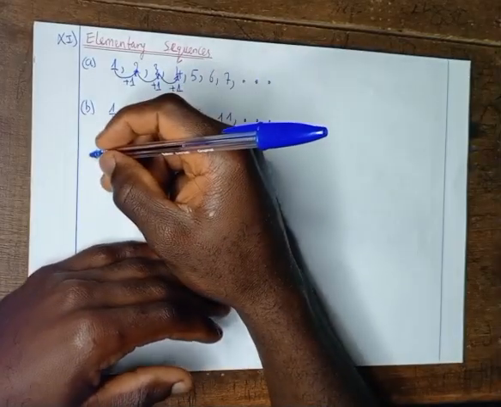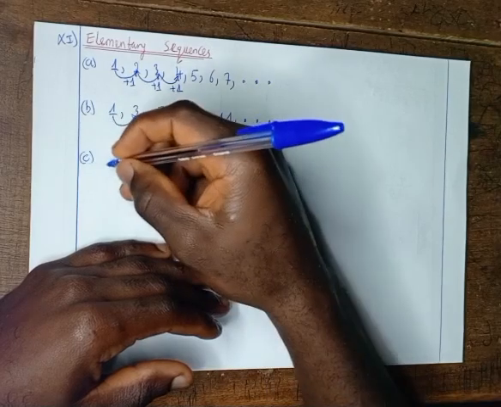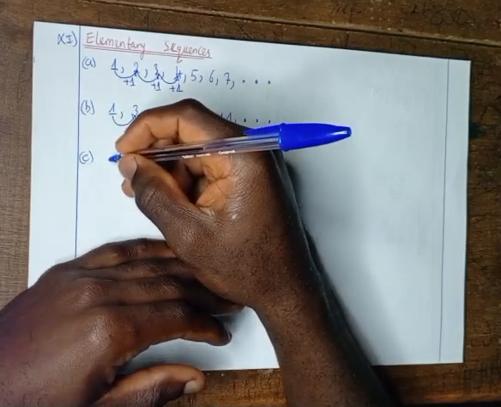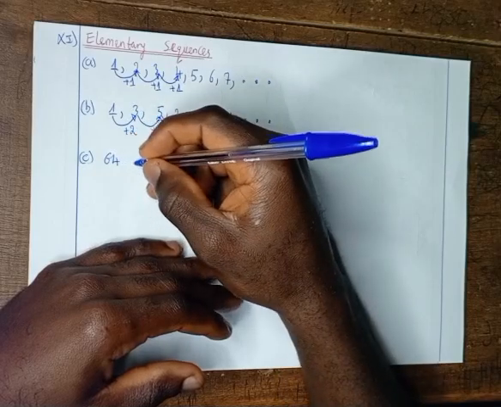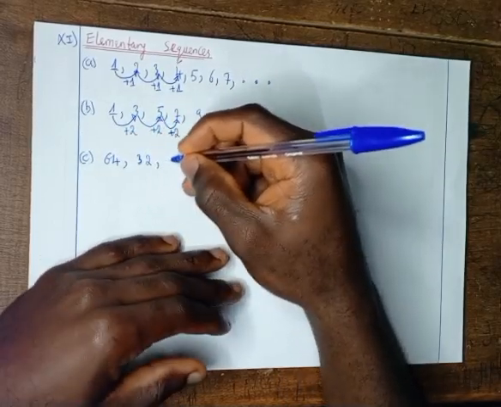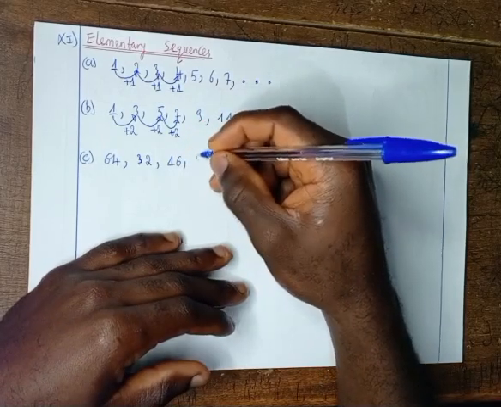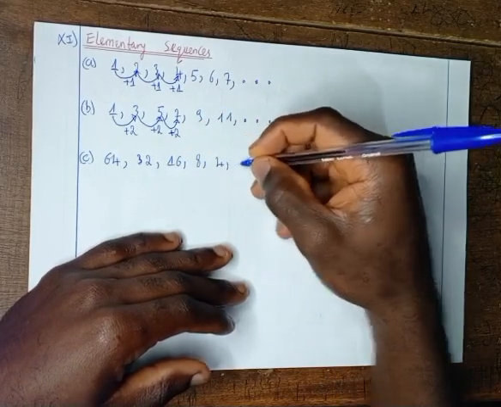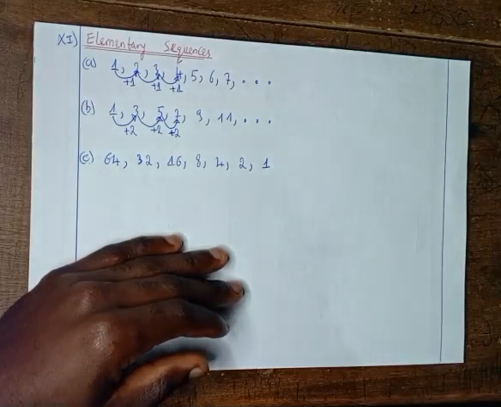If we take now the next one, let's go to C. We have the following numbers. We have 64. From 64 it goes to 32. From 32 it goes to 16. From 16 it goes to 8. From 8 it goes to 4. From 4 it goes to 2. And lastly 1.